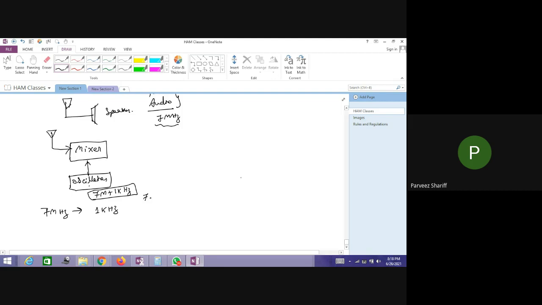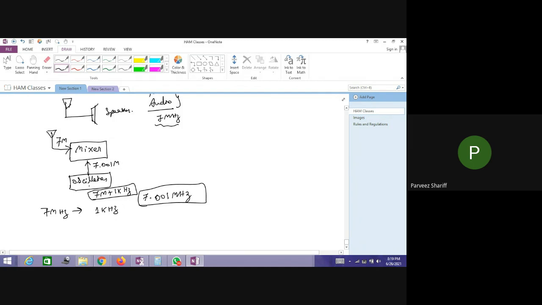So this oscillator should generate 7.001 megahertz of frequency. Here we are getting 7 megahertz, and here the oscillator is giving 7.001 megahertz.